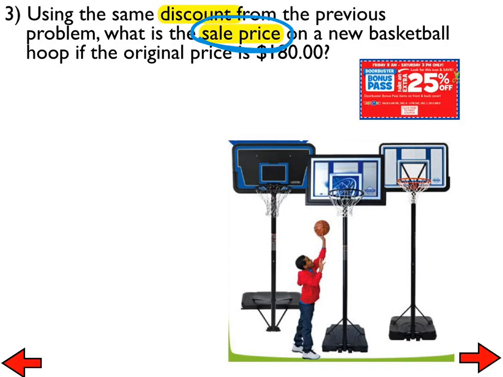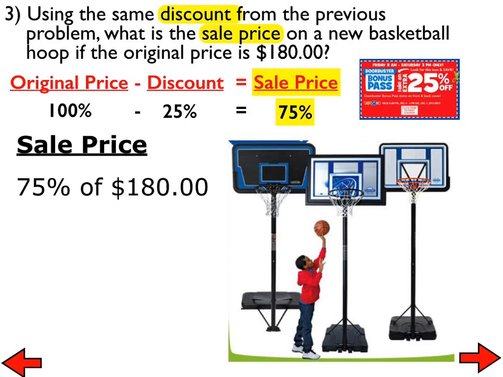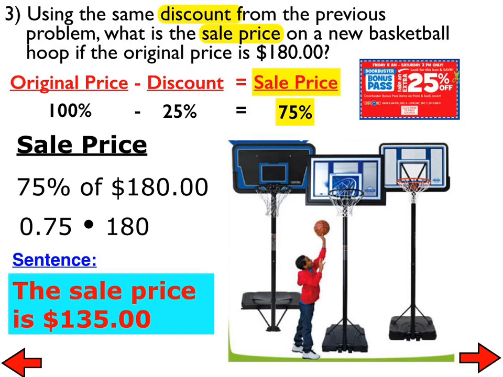But since we're finding the sale price, we have to first of all find the new percent. If we're taking 25% away, because it's 25% off, that leaves 75%. That's what we talked about yesterday. So that's the percent that we're going to use if we're going to do this the fastest way possible. So that would give us 75% of 180, or 0.75 times 180, and that is $135 for the sale price.